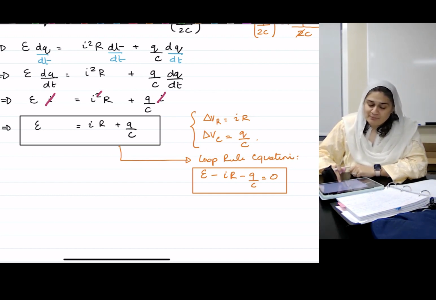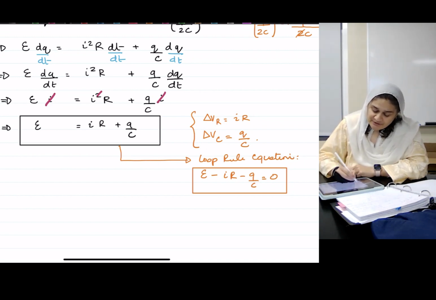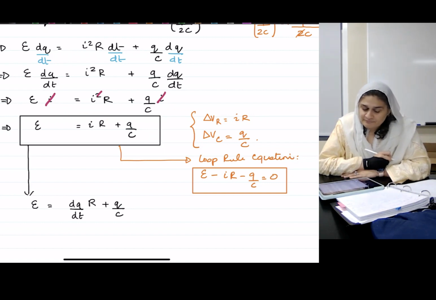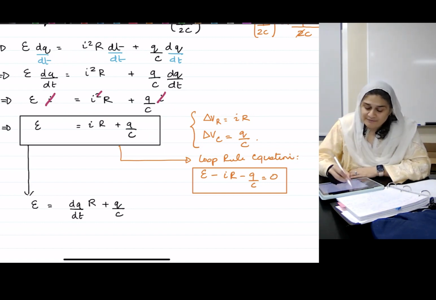Okay, now may I rewrite this expression as E equals dq over dt R plus Q over C. All I've done is moved this to here.